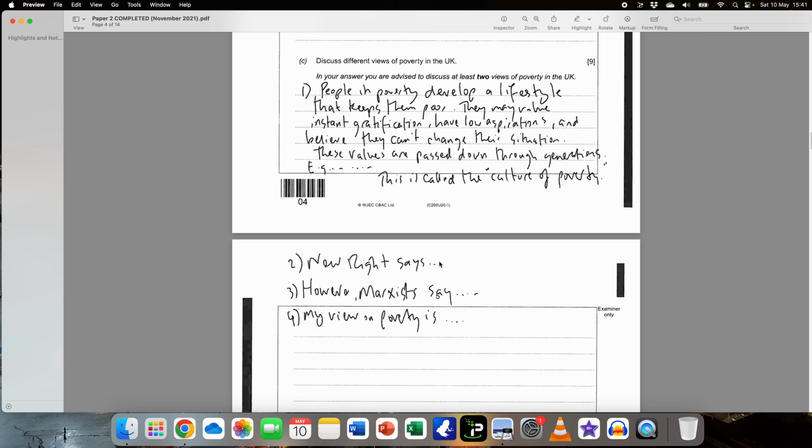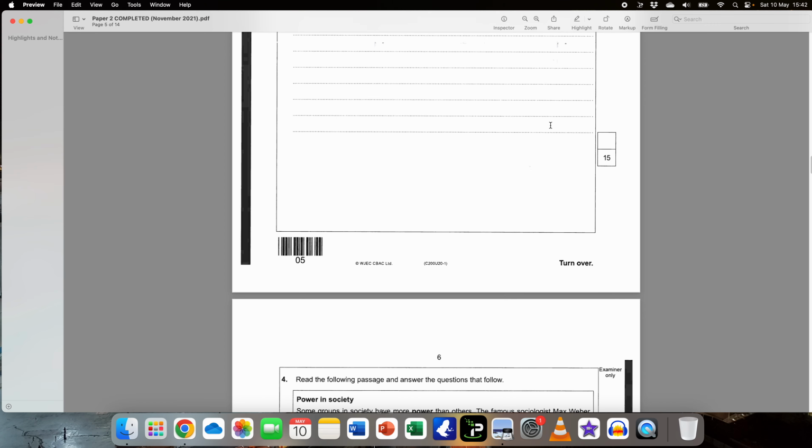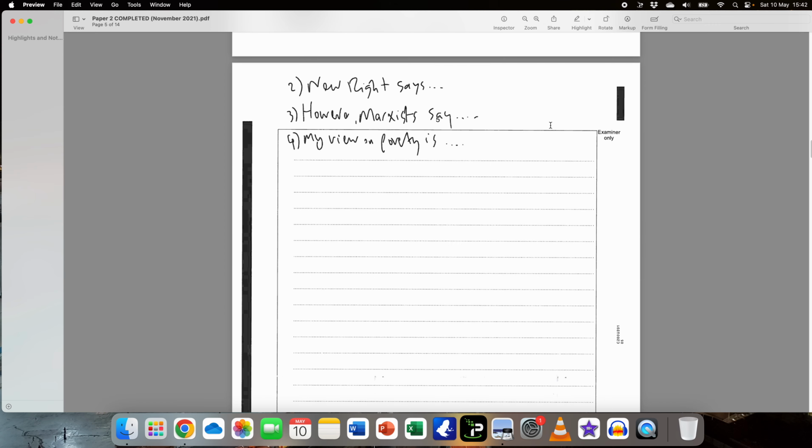This question here, discuss different views of poverty in the UK. In your answer, you are advised to discuss at least 2 views of poverty in the UK. Those 2 views, at least, means you need to try and give 3. But as you'll notice, you only get 1 page to write.